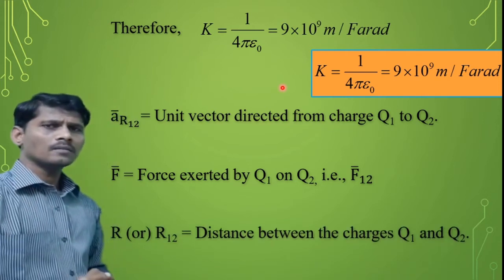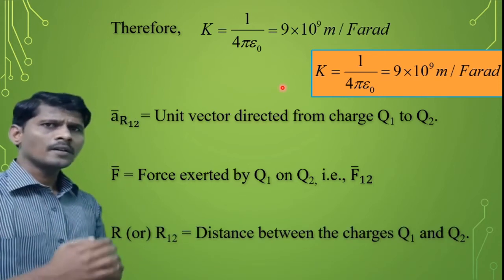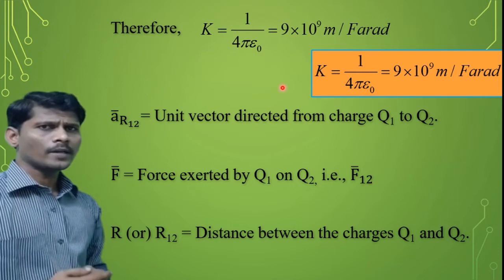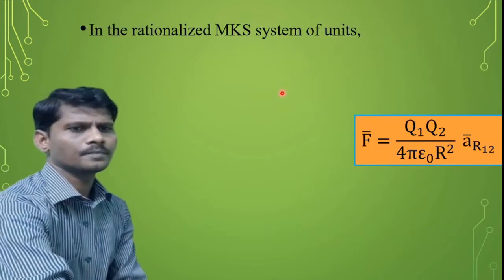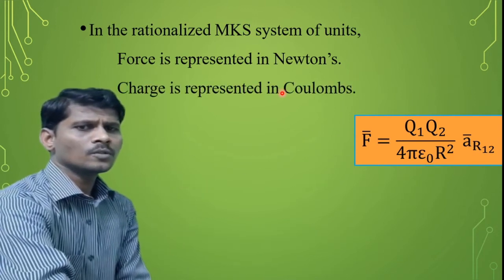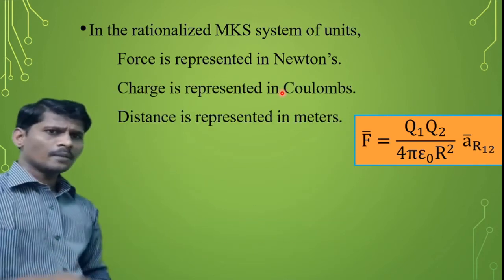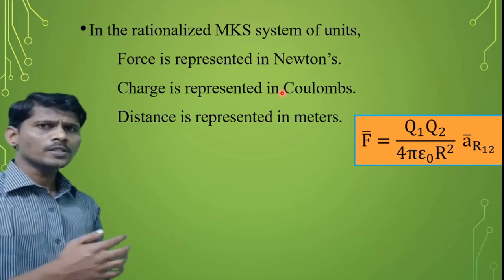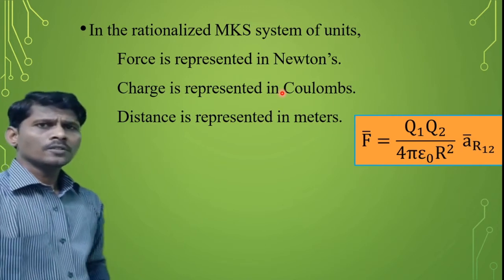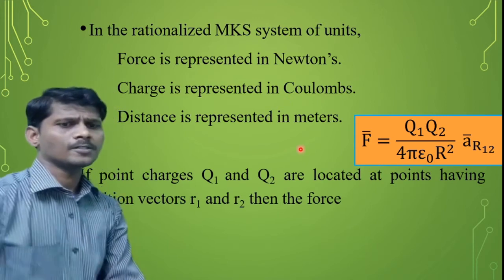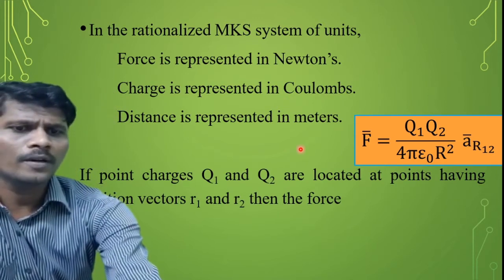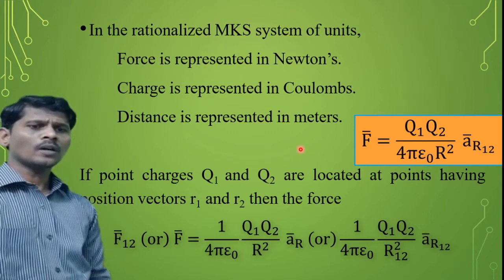R12 is the distance between the two point charges Q1 and Q2. In MKS units, force is measured in newtons, charge is measured in coulombs, and distance is measured in meters.